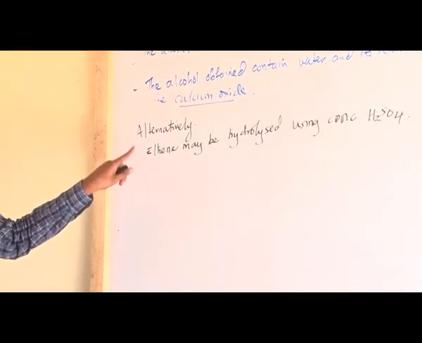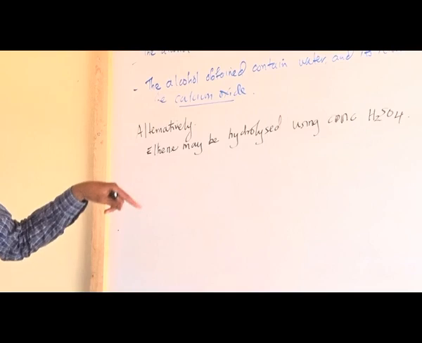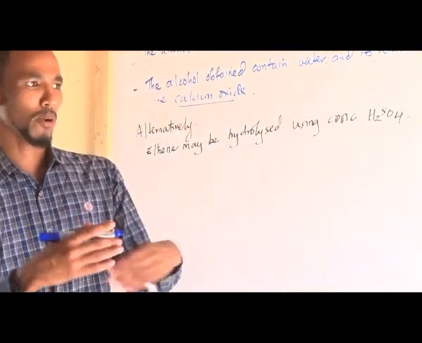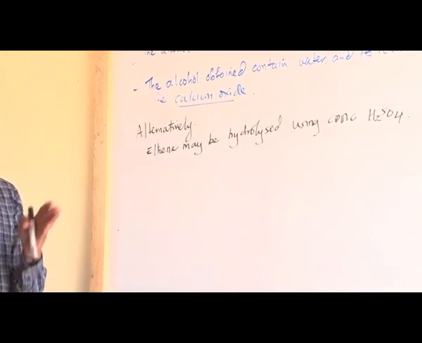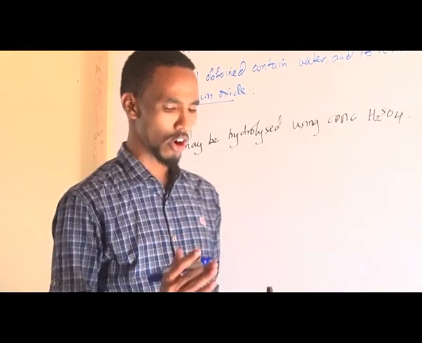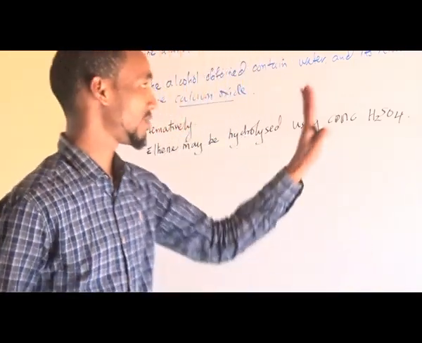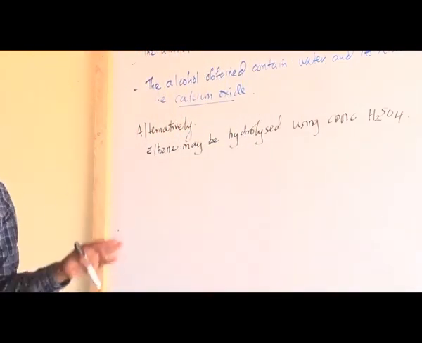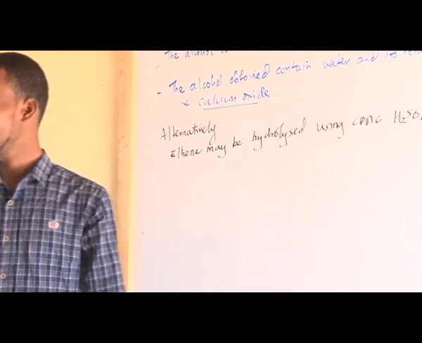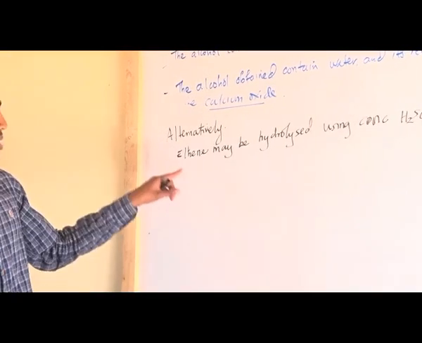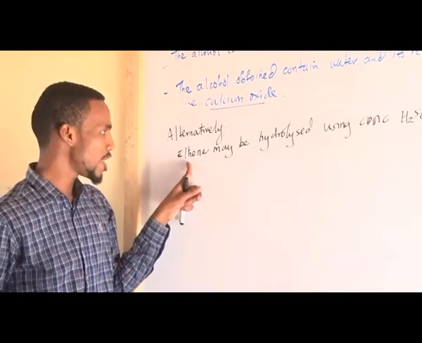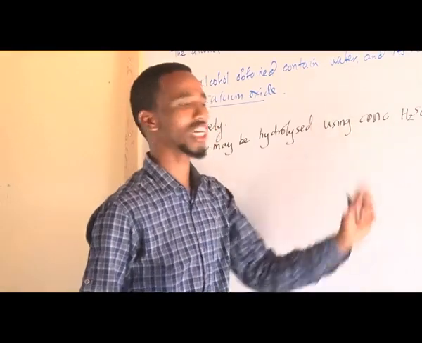What do we mean? I want to obtain ethanol still, apart from fermentation process. Fermentation process, we say, is that process of yeast being added to sugar molecule. The yeast has an enzyme, it will break down into carbon dioxide and ethanol. That is fermentation process, whereby there is a decomposition of organic substance by microorganism. But alternatively, we can prepare ethanol by hydrolyzing ethene using concentrated sulfuric acid.